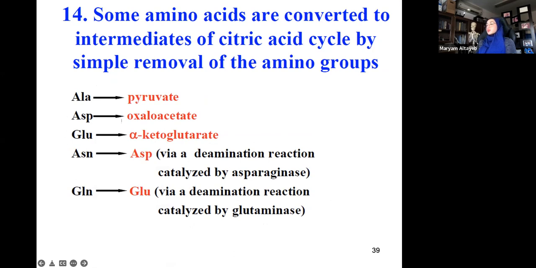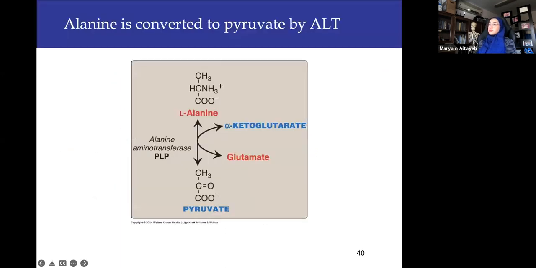And remember that the conversion of these, for the most part, is interchangeable. Here's removing an amino acid. If you add an amino acid back, it goes the other way. So for example, alanine is converted into pyruvate by ALT. ALT is an enzyme that we can find in the liver, alanine aminotransferase, and it's one of the important markers of liver function.